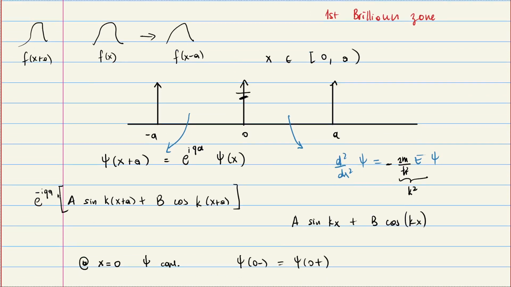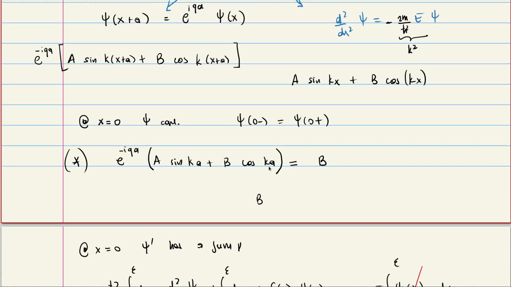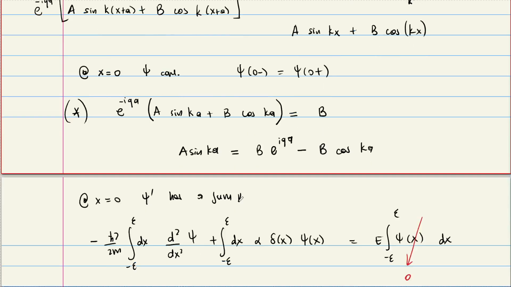This is e to the i Qa, A sine Ka plus B. There's a parenthesis, so this is going to be B times e to the i Qa. Now this is A sine Ka minus B cosine Ka, and this is A sine Ka. Okay, now this is correct.